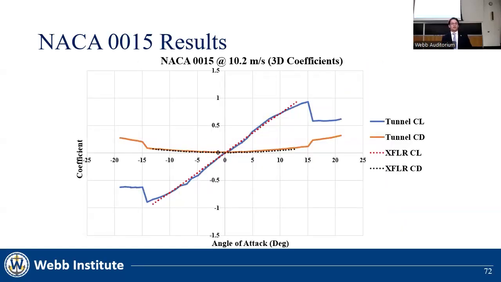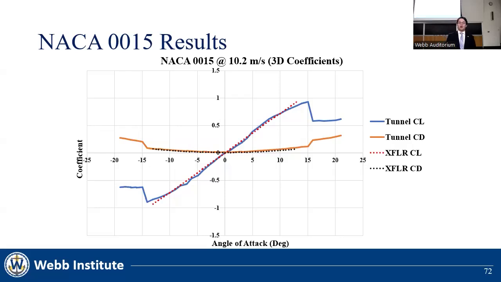This graph shows the NACA 0015 10 meter per second test compared to XFLR. The XFLR data is shown as dotted lines, and the wind tunnel data is shown as solid lines. Again, the y-axis is the value of the lift or drag coefficients, and the x-axis is the angle of attack.